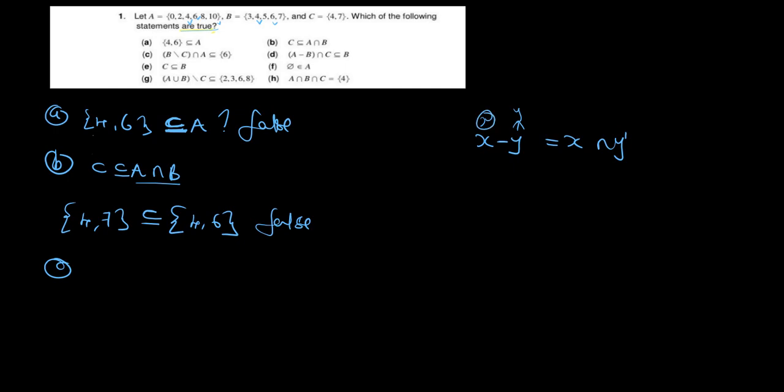So I'll bring the same thing: it is B minus C, intersection A, subset or equal to member 6. Here I'll say B intersection C complement, or let's just subtract. Okay, so we can just subtract.